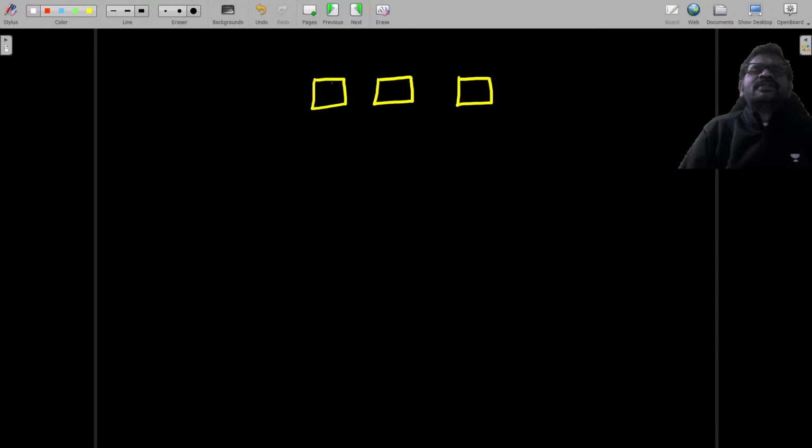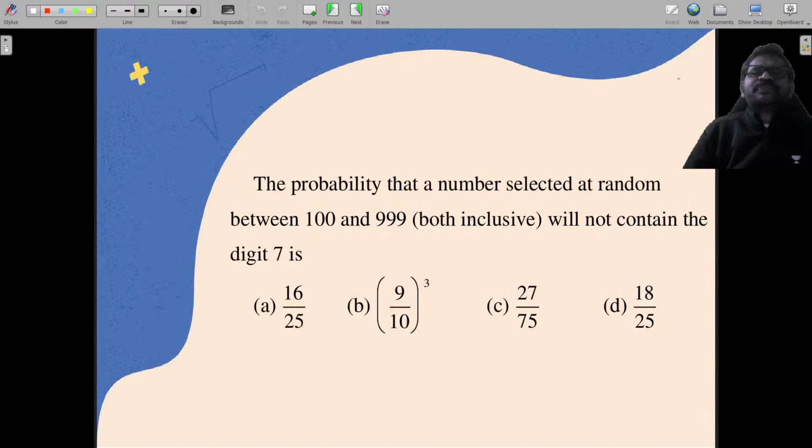You have to form a 3-digit number. Given that a number is selected at random between 100 to 999, the total number of integers between 100 to 999 is 900 numbers.